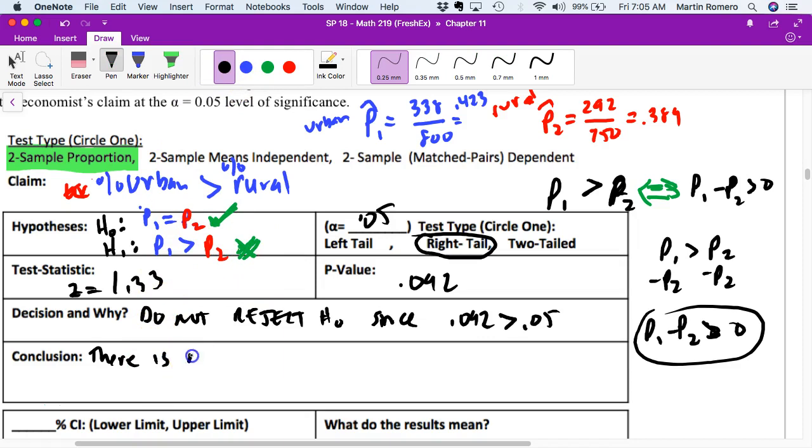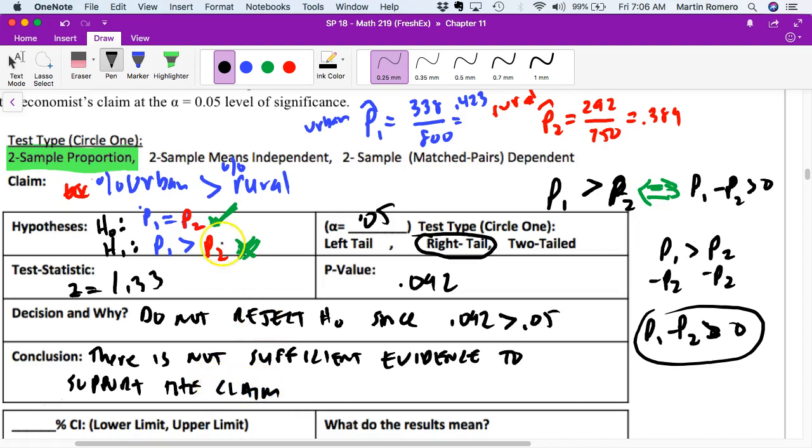There is not sufficient evidence to support the claim, in this case, that the percent of urban is greater than the percent of rural.